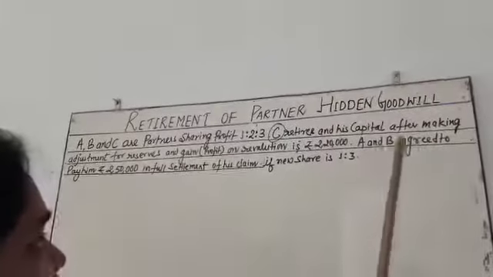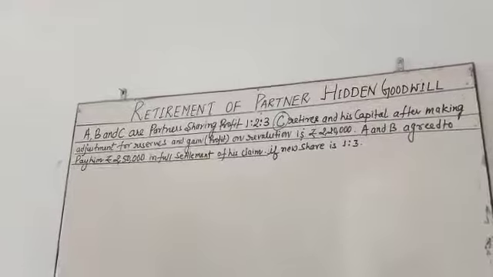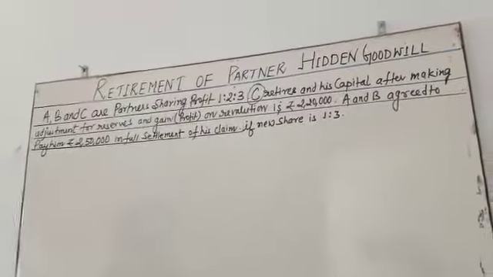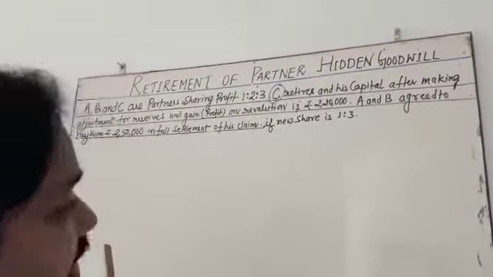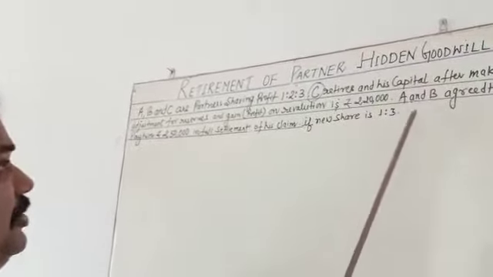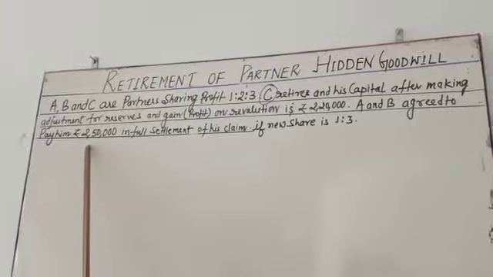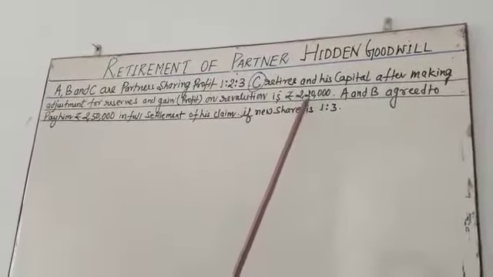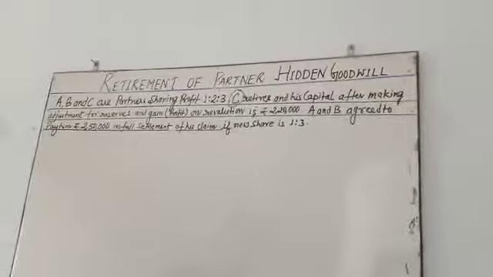But A and B agreed to pay him Rs 2,50,000 in full settlement of his claim. It is simply observed that A and B are going to pay Rs 2,50,000, so Rs 30,000 is excess.